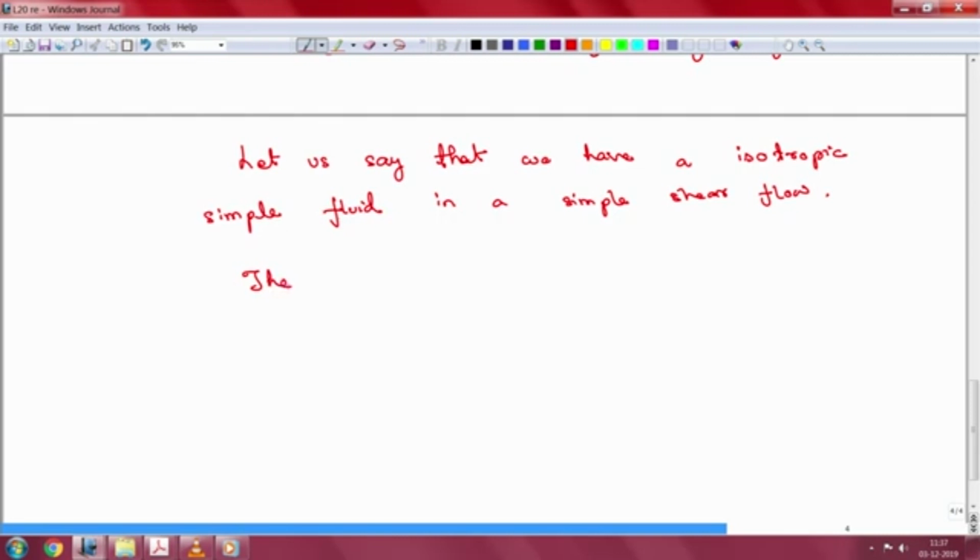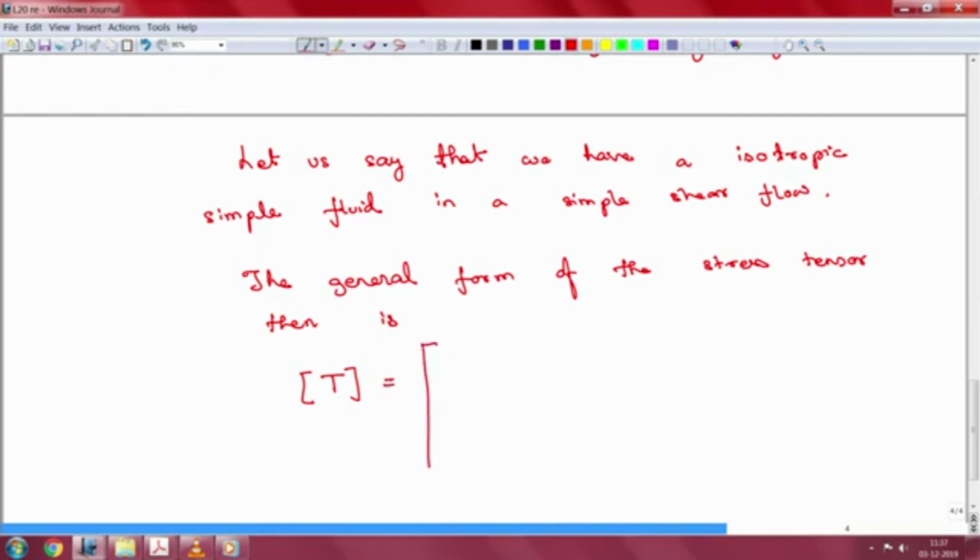Now the general form of the stress tensor, so let us say we have a stress tensor. I am just going to write it in matrix form. So I just put this bracket, which means that I am going to write it in matrix form.